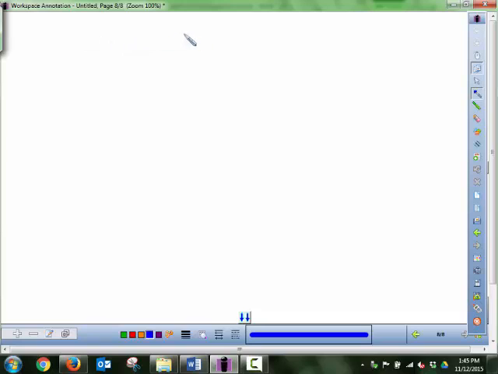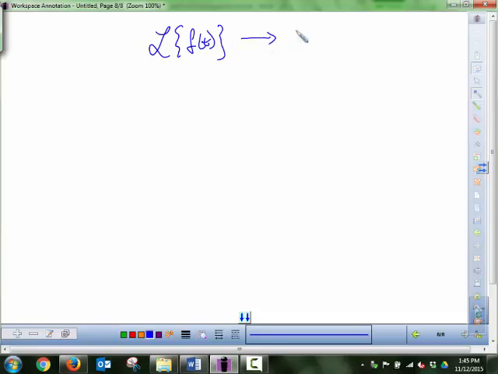We know that we have f. I'm going to write it slightly differently here. The Laplace transform of f of t gets sent to, and this is a notation, capital F of s.